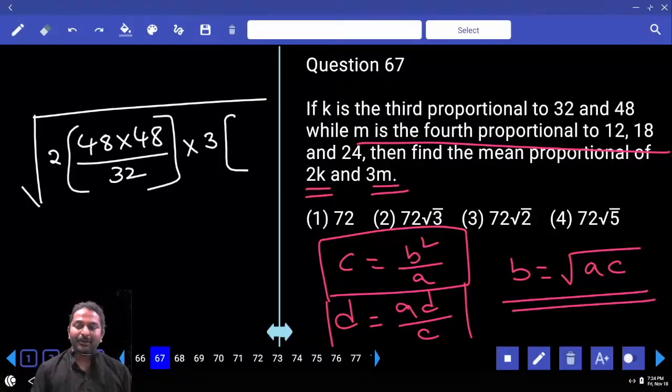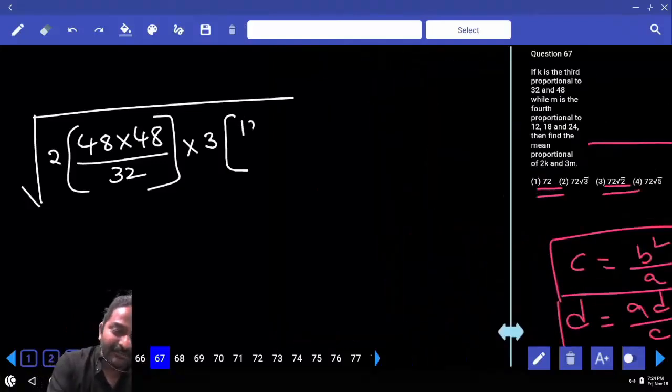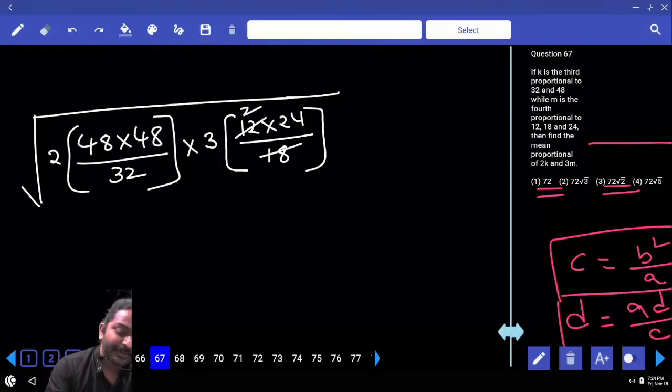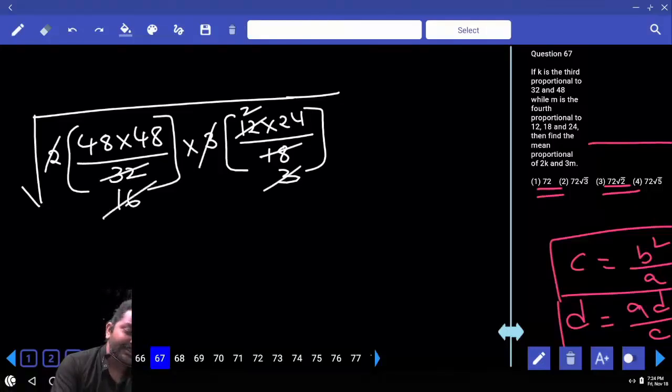D value 24. C value 18. 12 into 24 by 18. And we need to simplify this. 6 2 times, 6 3 times, 3 3 cancel, 2 16 times, 16.